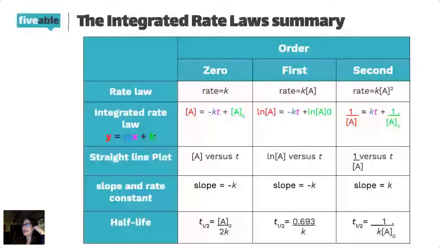So we can relate them all, we can graph them and get a lot of information from the graph. So the slope of the zero and the first order will be the value of negative k, and the slope of the second order will be k.